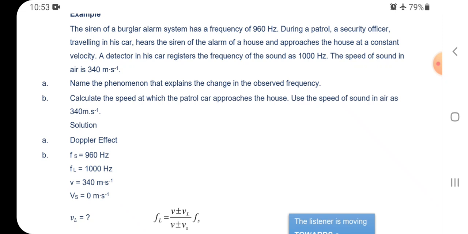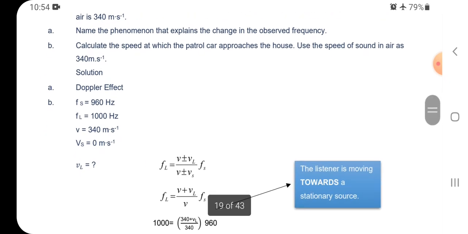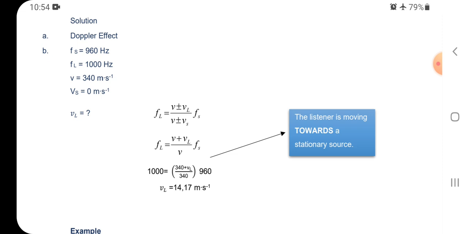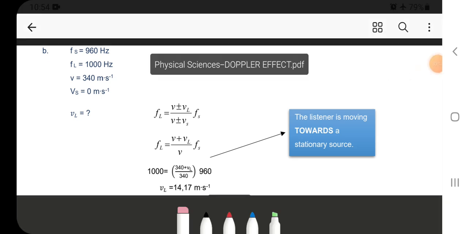We're looking for the speed of the listener. Use the speed of sound in air as 340 meters per second. When the listener is moving towards a stationary source, we use this formula.